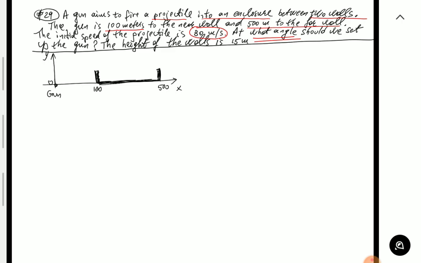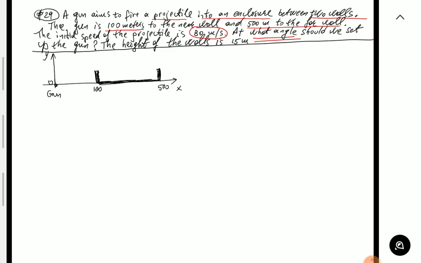And let's see if I can do this without making too much of a mess in my picture here. Now, why would you actually have a range of angles? Well, obviously, since the projectile can land anywhere in between these points, clearly there's no fixed angle, right? But how do you figure out the range so that you fit the projectile between the two walls?